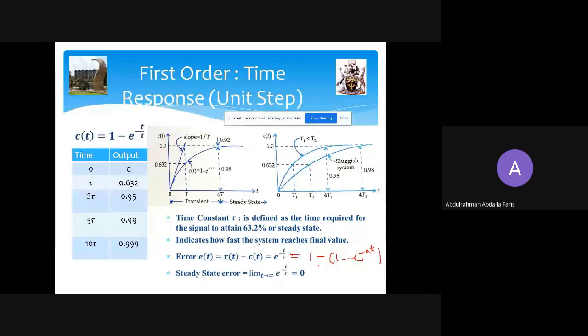When you open this, you end up with this exponent. Steady state error is the value when t is infinity, or very, very large. Then this value is 0. So the steady state error for a first order system is equal to 0.